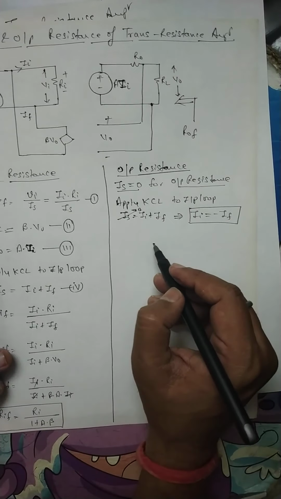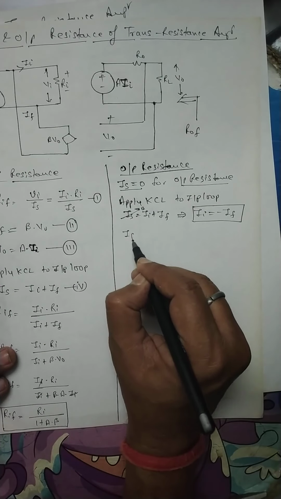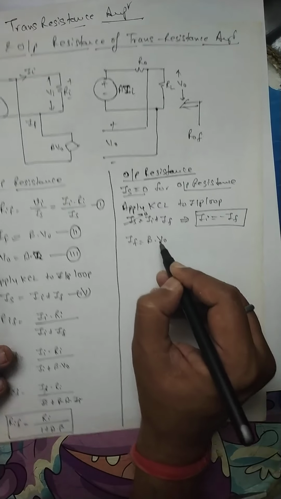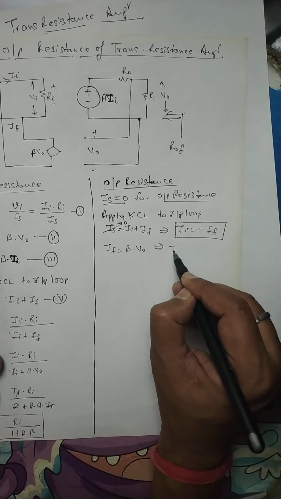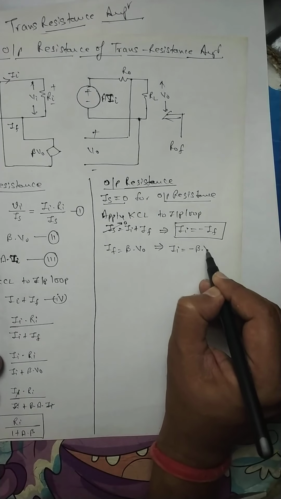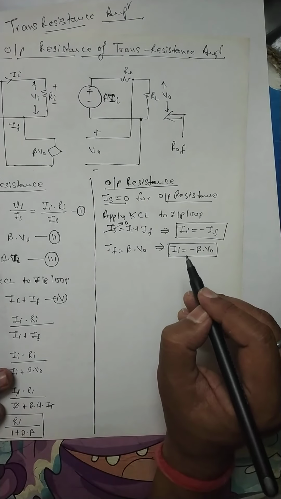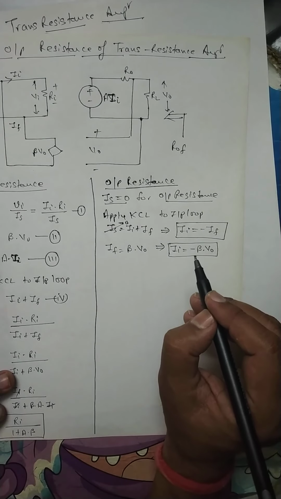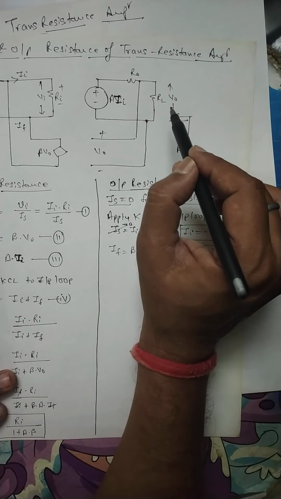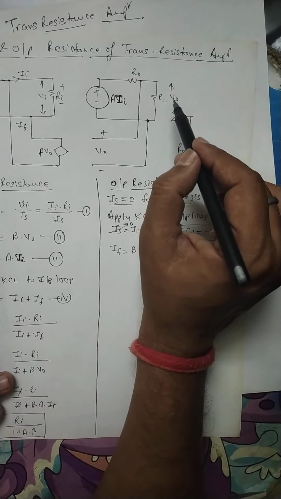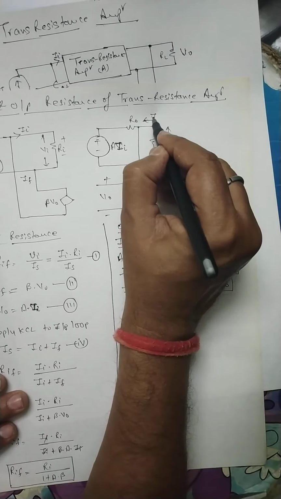And from the figure you see that If = beta × V0, which implies Ii = -beta × V0. Now apply KVL to the output loop and calculate the output resistance. Here the current is this I0.